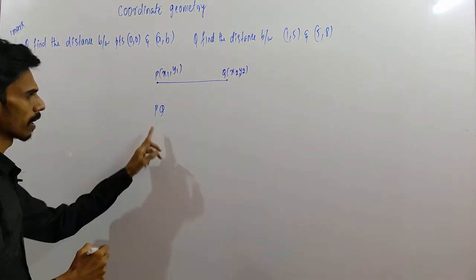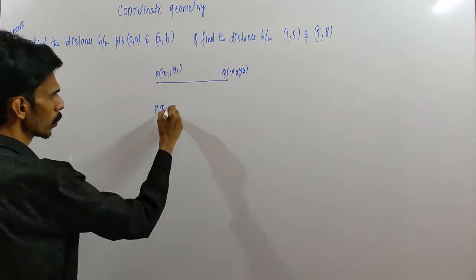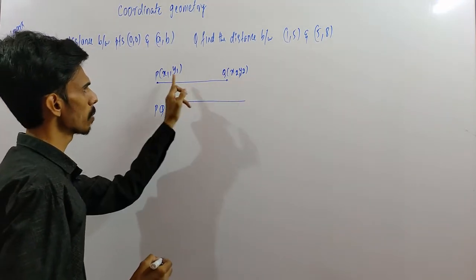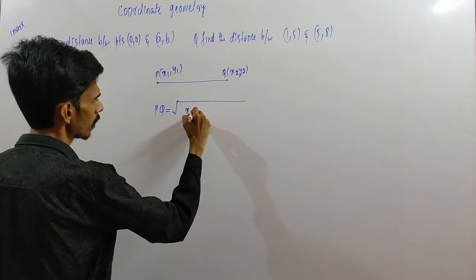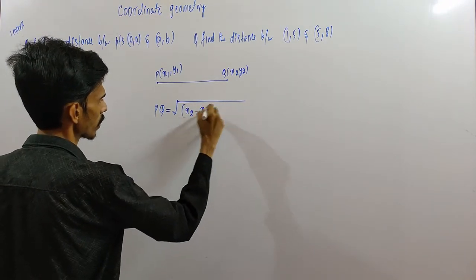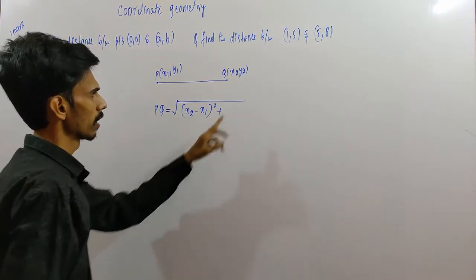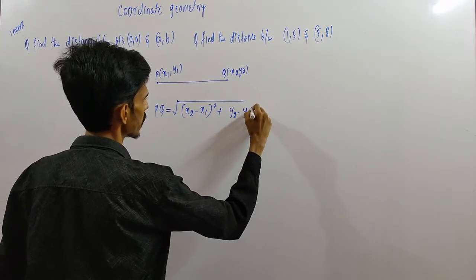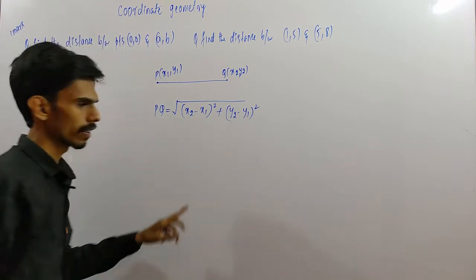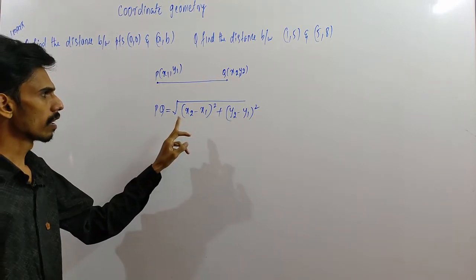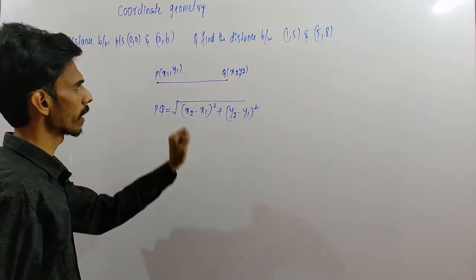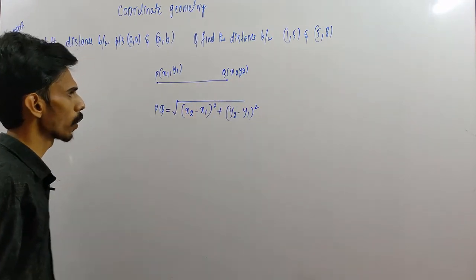The distance PQ is equal to the square root of (x2 minus x1) squared plus (y2 minus y1) squared. This is the formula for finding the distance between 2 points: the difference of x coordinates and the difference of y coordinates.